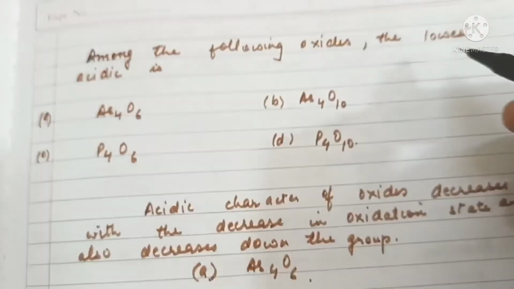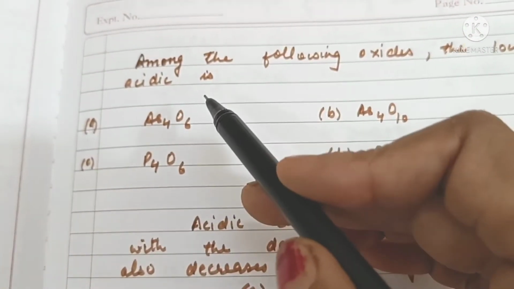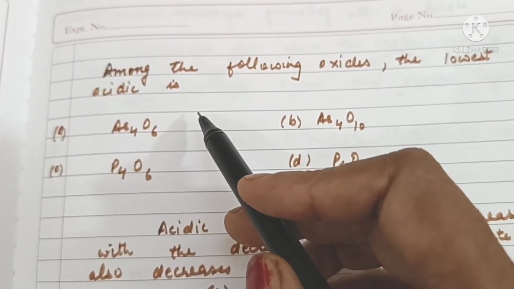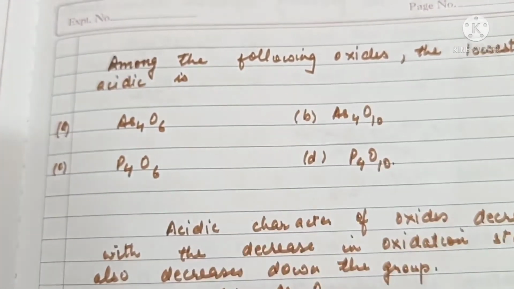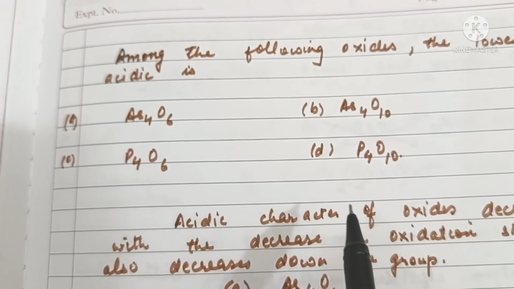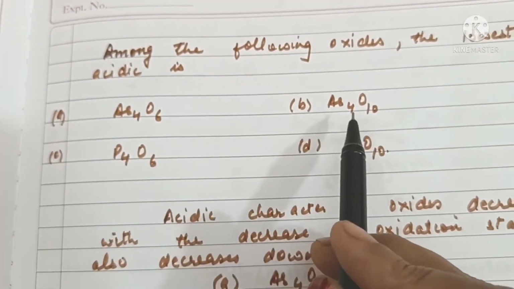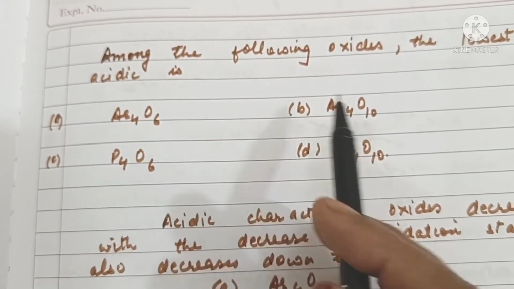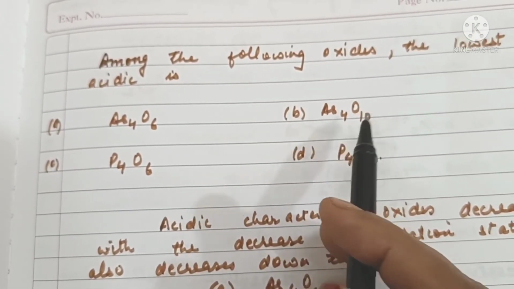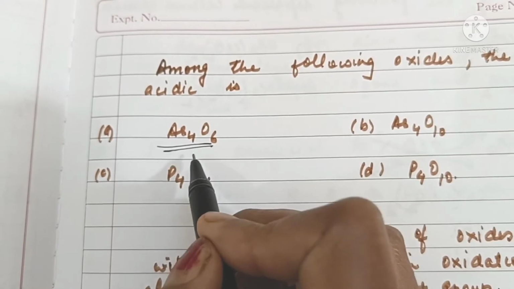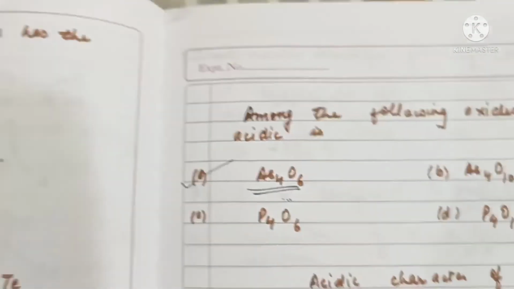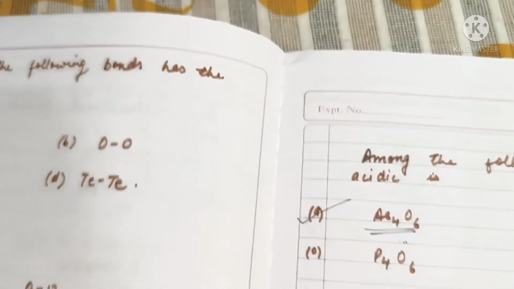Among the following oxides, the lowest acidic is: as we go down the group, the acidic character decreases. And amongst arsenic oxides, the one with higher oxidation state is more acidic, so As4O6 will be the least acidic. Option A is the correct answer.